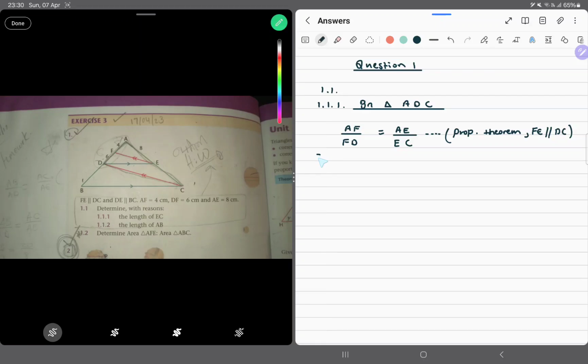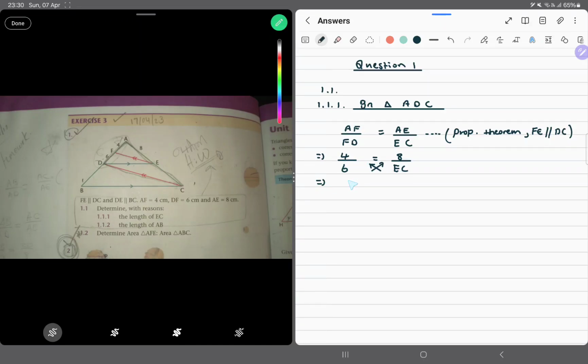Okay, so let's substitute. AF is 4 over FD 6 equals AE 8 over EC. That's what we want. And then at this juncture we can do cross multiplication, or you can simplify that. It's really not a big deal.